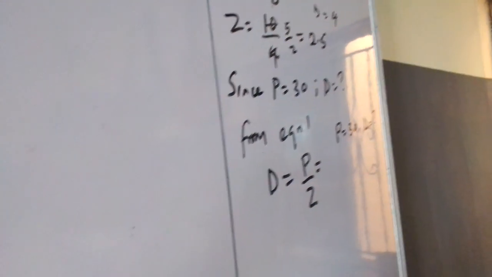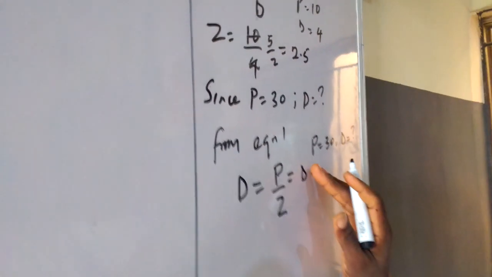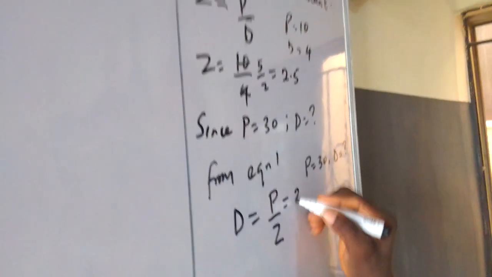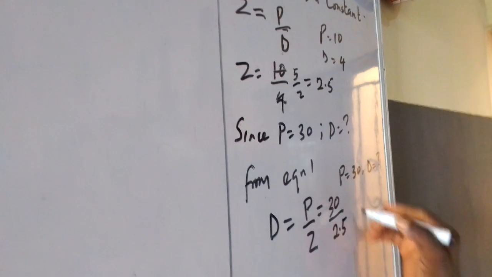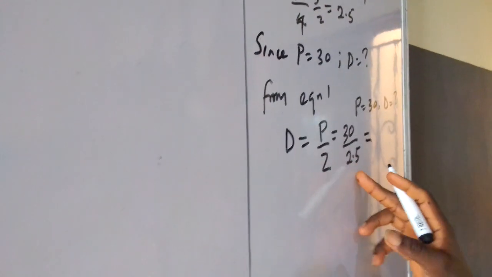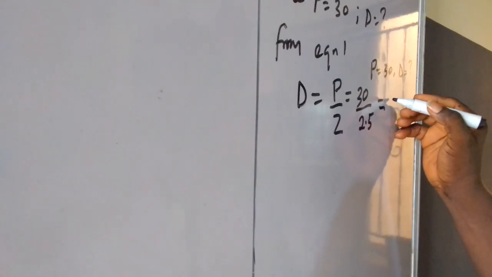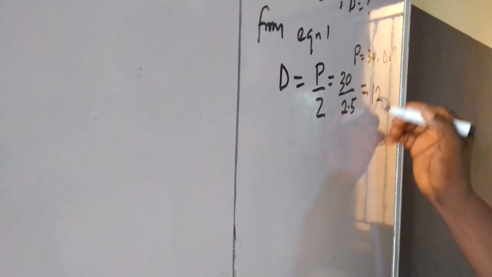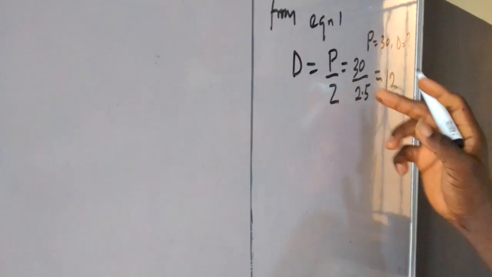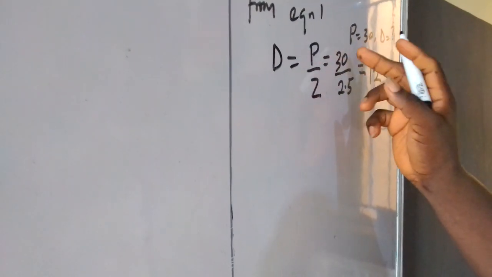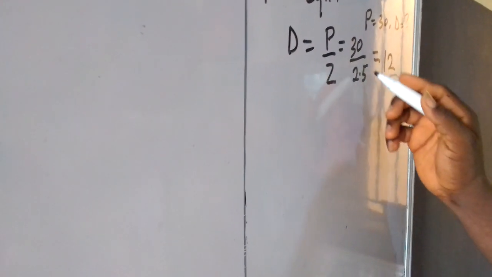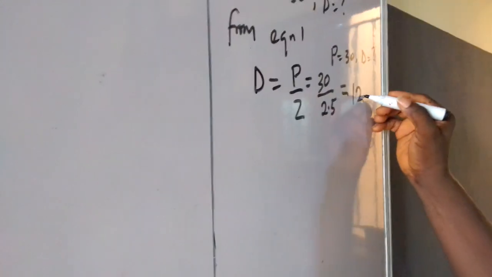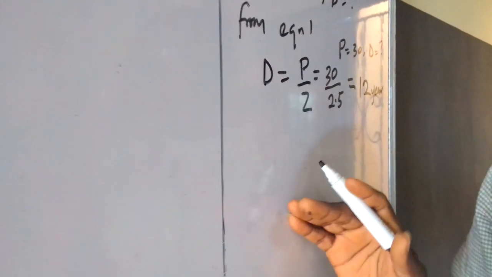So my D will be 30 divided by Z, which is 2.5. That will give me 12. So Dunsi will be 12 when Peter is 30. Are we correct? Yes, so the answer is Dunsi will be 12 years old. So that is that with direct proportionality.